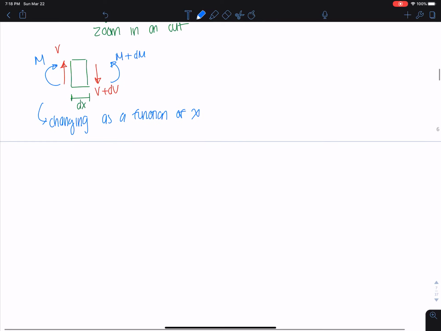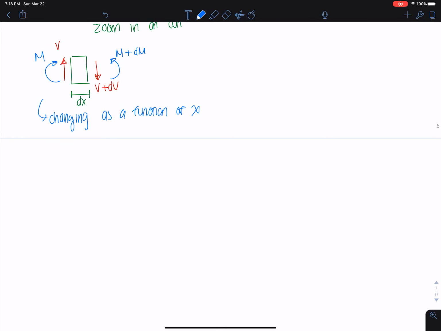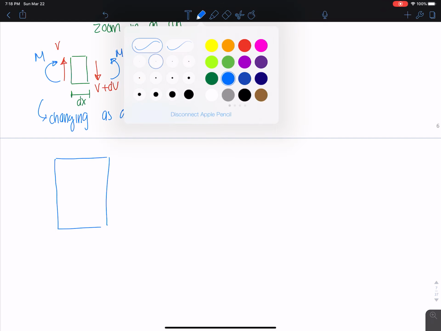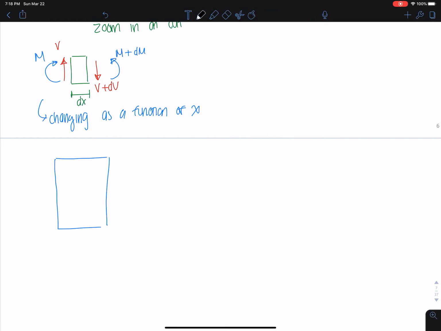So let's draw this stress profile so we can understand what's happening and how we can further analyze this system. I'm just blowing this up a little bit. This is still dx here. Let's say our neutral axis is located somewhere here, some arbitrary location that we don't know yet.